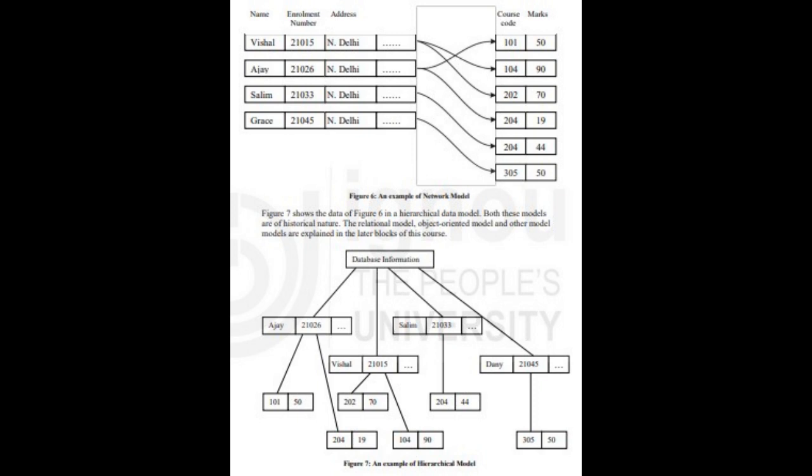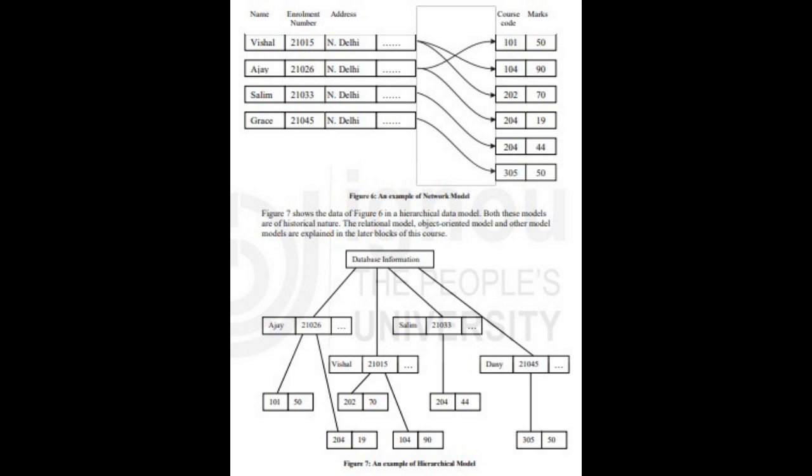The following table defines some of the data models. Model type and examples. Conceptual model uses entities, their attributes, and relationships among entities. Entity relationship model: this model identifies the physical or logical entities and their attributes.